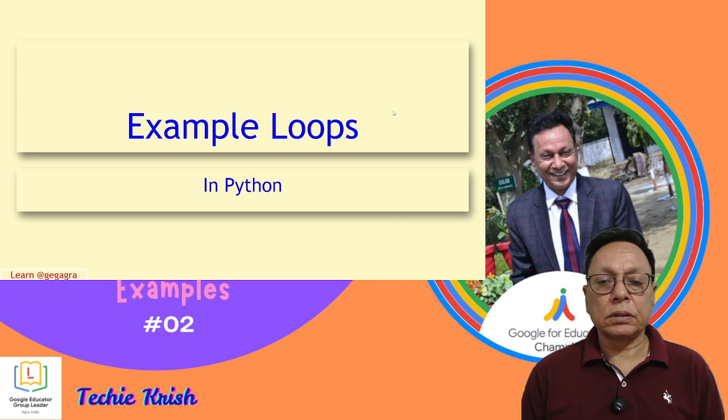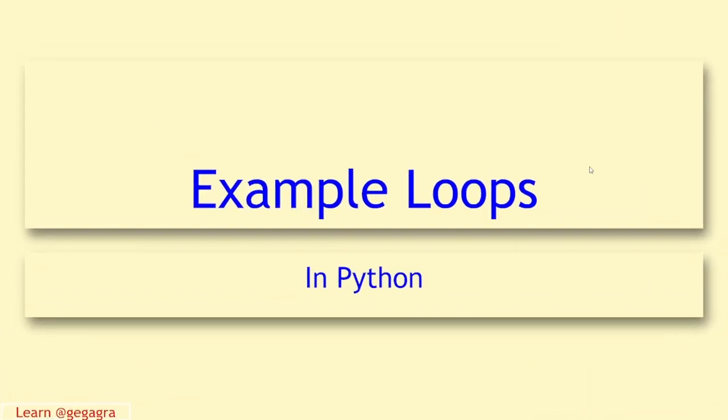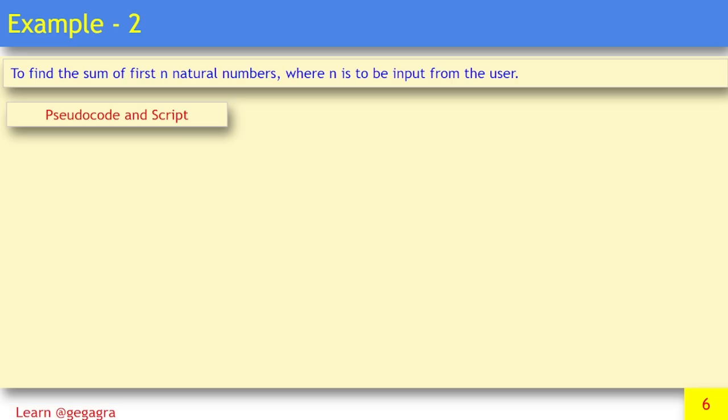So this is the presentation example on loops in Python. So let's start. The question is to find the sum of first n natural numbers where n is to be given by the user.